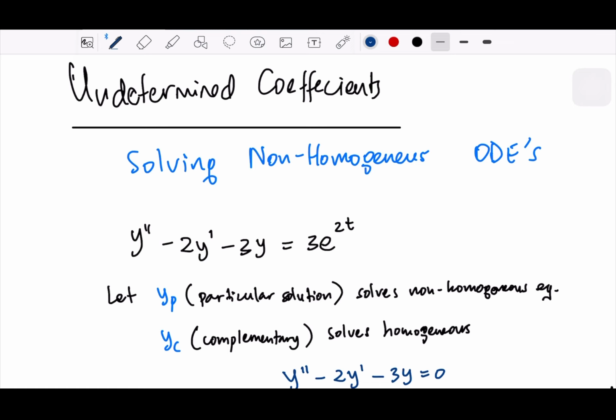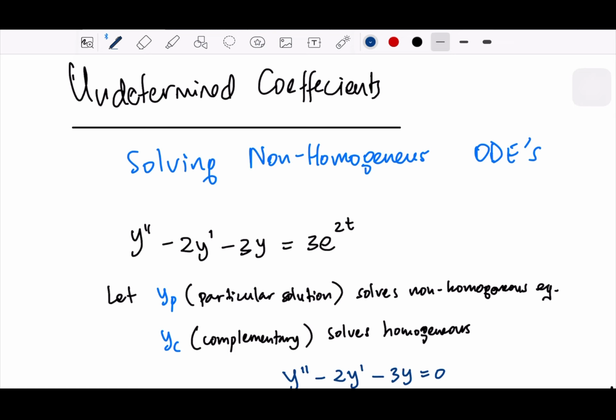So to solve the non-homogeneous equation, you also use the previous method to find this yc, with the auxiliary equation. Usually you will get some polynomial with some degree, either quadratic, cubic, or higher. That is solving the homogeneous equation.